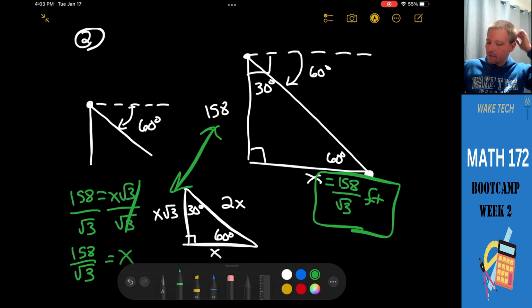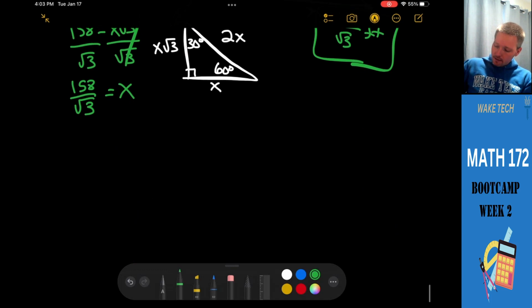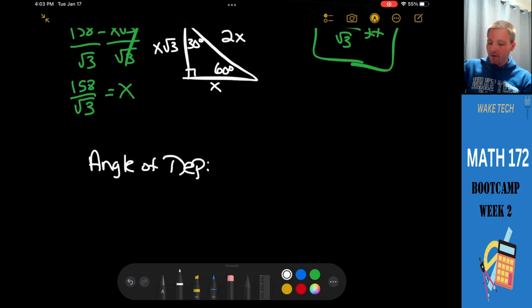Yeah, for sure. Angle of elevation and angle of depression are two terms you probably saw last week. Angle of depression, we just chatted about. I'm going to mention it again, and I'm going to kind of make up a definition.